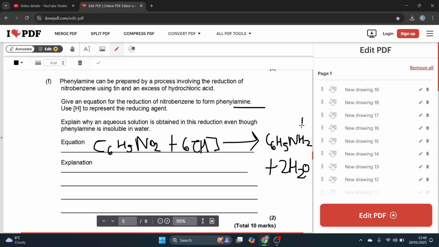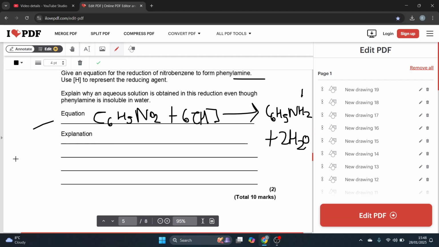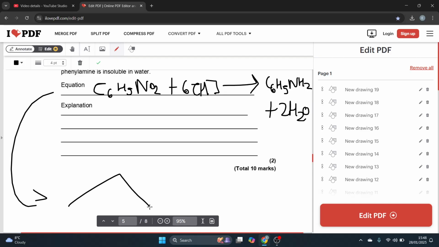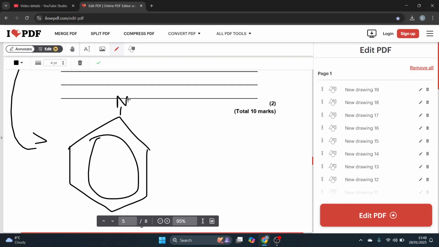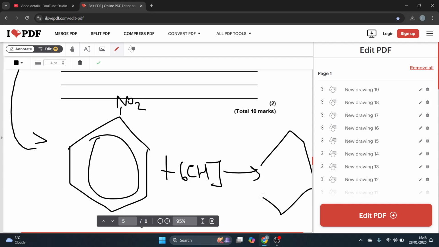Because if I count the number of hydrogens on the left hand side, that is 6 plus 5, 11. So I need 11 on the right hand side as well. But you could also show it like this, with the NO2 here plus your 6H, giving NH2 plus 2H2O. Sometimes in the exam, if you only know this way, that's perfectly fine.